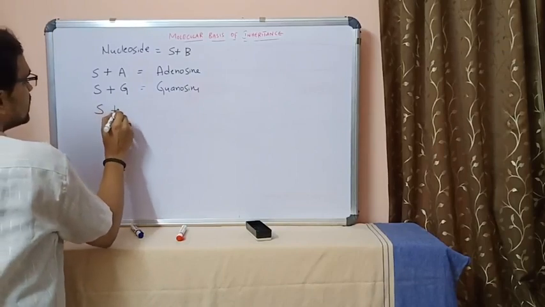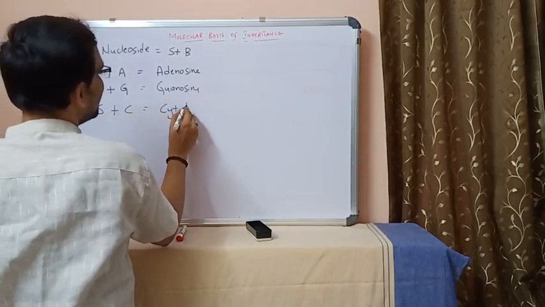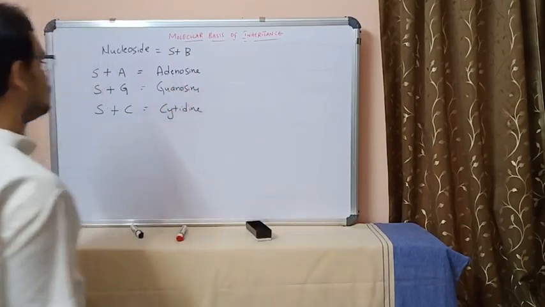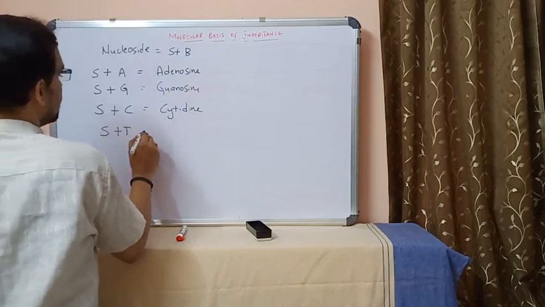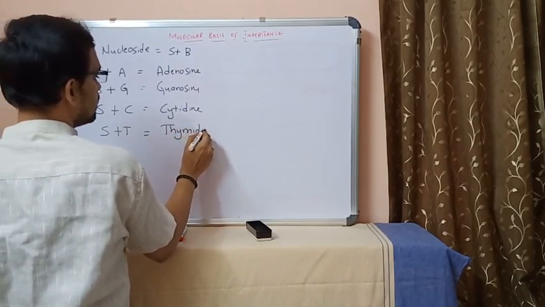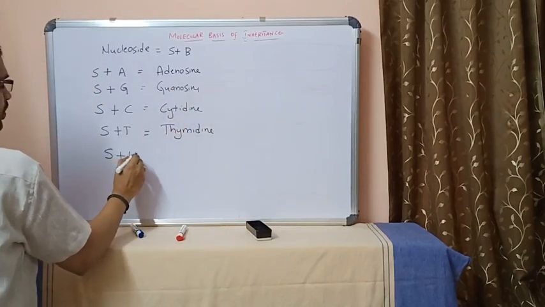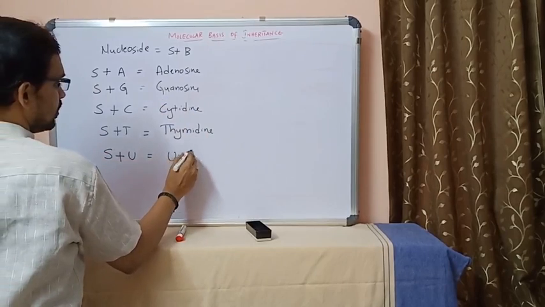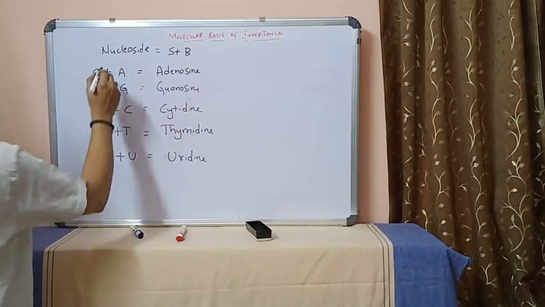If cytosine is attached to the sugar, it is called cytidine. If thymine is there in the sugar, thymidine. Next, sugar plus uracil, uridine. So these are the different types of nucleosides.